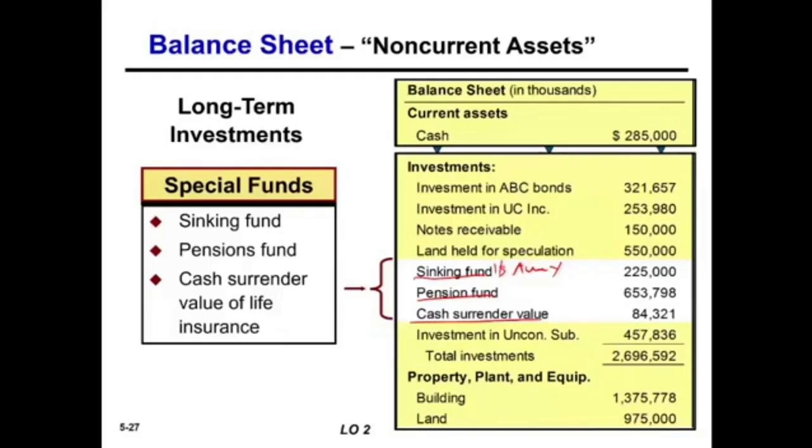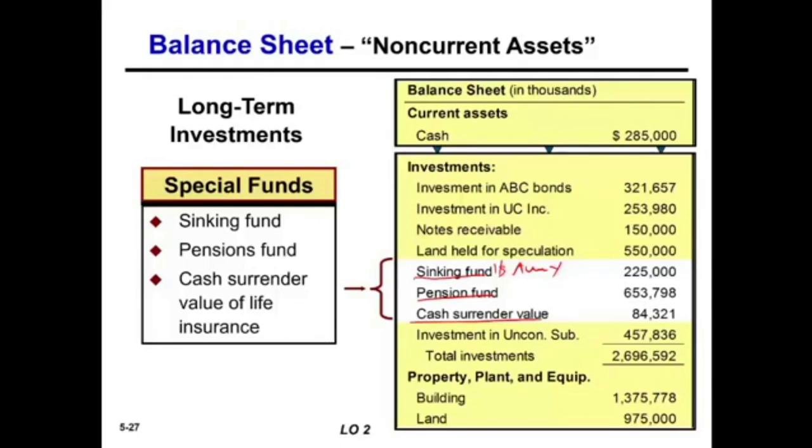Before they retire, you have to create a fund, finance this fund, put money into it, and invest that money for your employees when they retire. So this is called a pension fund, and you'll have different assets in that pension fund. Also, you could have cash surrender value. In life insurance, you could have investments in life insurance for employees and the company.